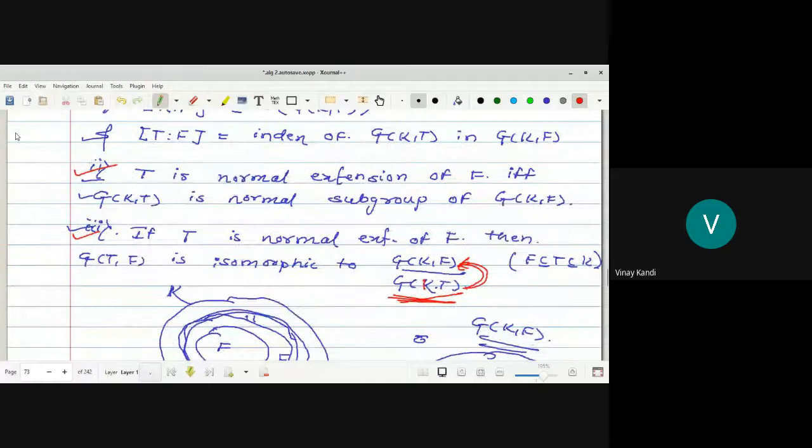If T is the normal extension of F, then G(T/F) is isomorphic to the quotient group G(K/F) upon G(K/T), where G(K/T) is the normal subgroup of G(K/F). Here we showed, we have just proved it. Hence this quotient group is well defined. That means the quotient group is formed. If this one is a normal subgroup of this one, then the quotient group is well defined. Now we have to show that G(T/F) is isomorphic to G(K/F) upon G(K/T).